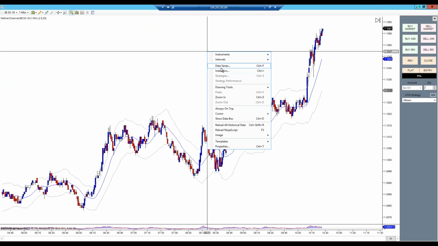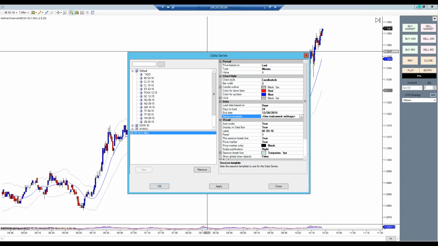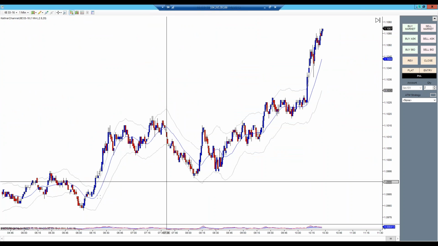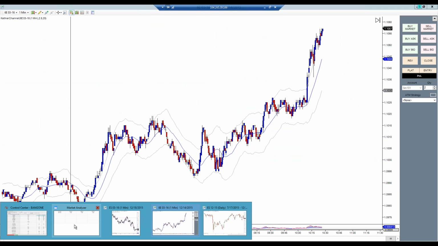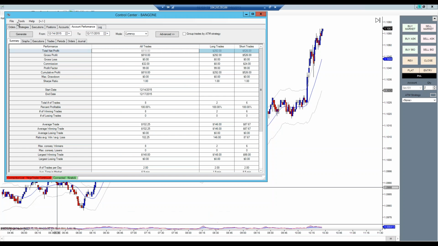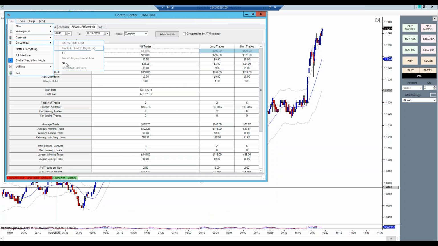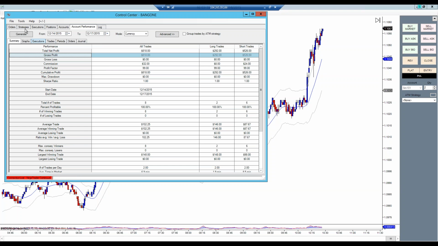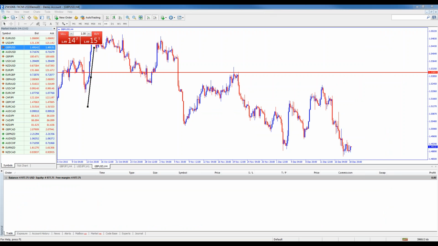I gotta fix this, I'm sorry about that. Let me disconnect things again. Okay, we got it on global simulation. Let me pull this offline for a minute and reboot it, so you guys can see everything.